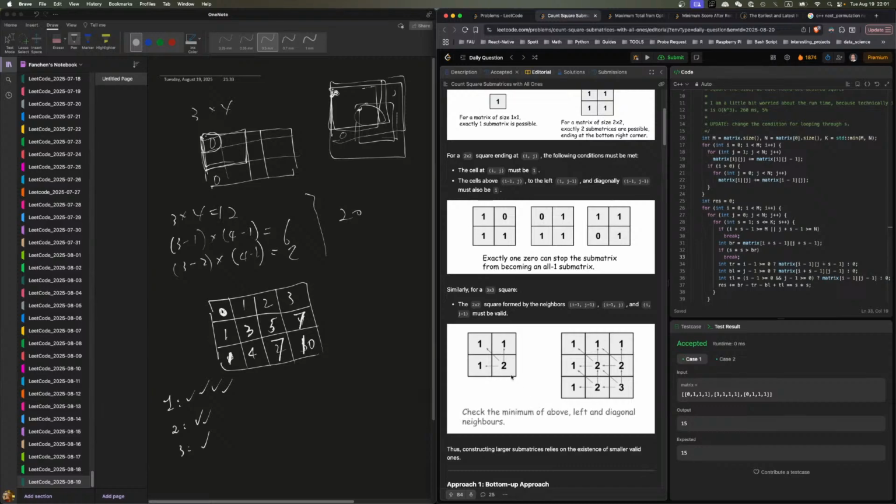Yes, this is formed by this, this, and this. So if any one of them cannot form, then this cannot form. But if they all can form, then this can form. So forming this depends on these, right?